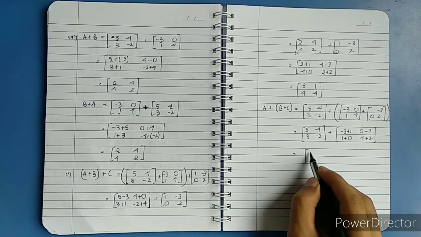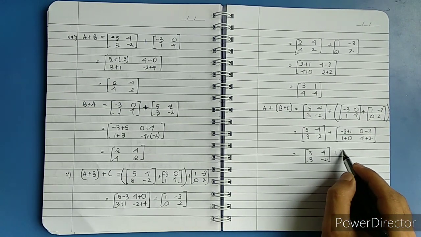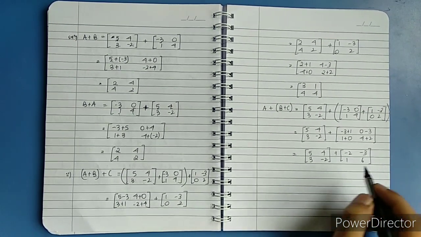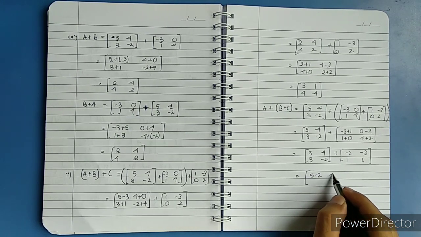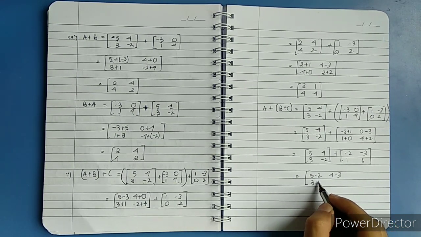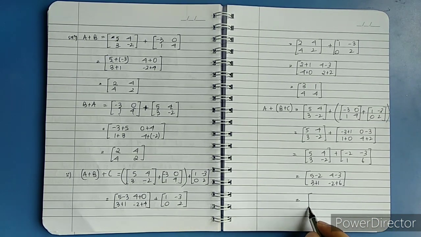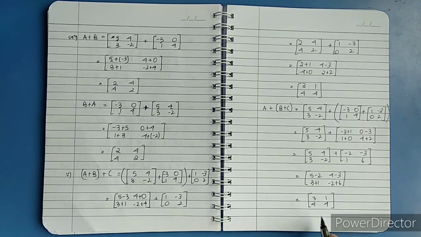So we have 5, 4, 3, minus 2, plus minus 2, minus 3, 1, 6. This is equal to 5 minus 2, 4 minus 3, 3 plus 1 and minus 2 plus 6. So finally we get 5 minus 2 is 3, 1, 4 and 4.